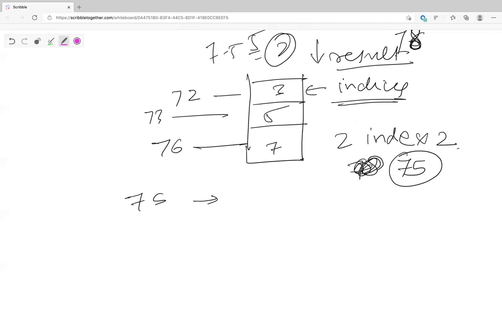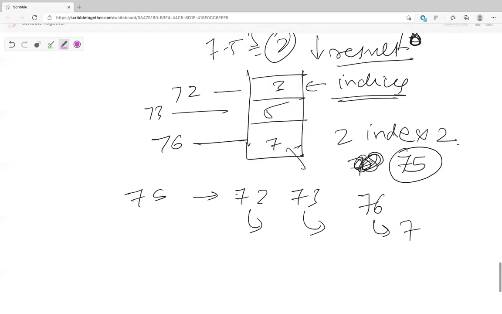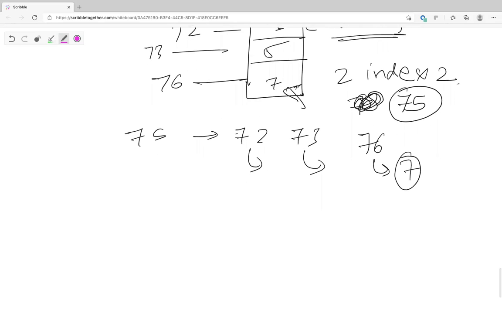We got the number 75. We look into the stack. We find the element at index 3, we get 72, we pop it out. We get 73, we pop it out. We get 76, and we know its index, 7. So we are at 76, which is index 7, and we were at index 2.